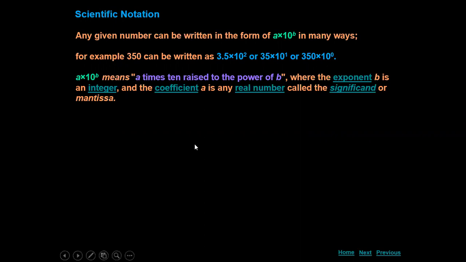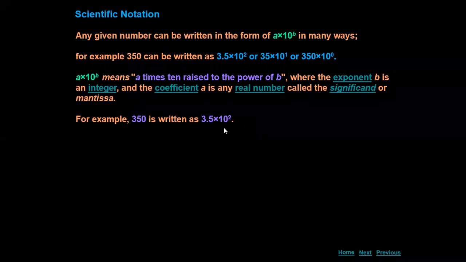Next one. About this, we have 3.5, or 35 into 10 to the power of 1, or 350 into 10 to the power of 0, which has to be written exactly, generally. Now, this 350, for example, we will write in this fashion: 3.5 into 10 to the power of 2. After one digit, we will place the decimal in general.